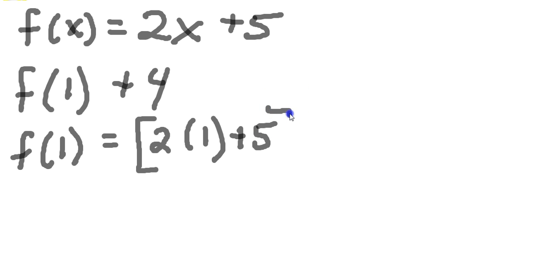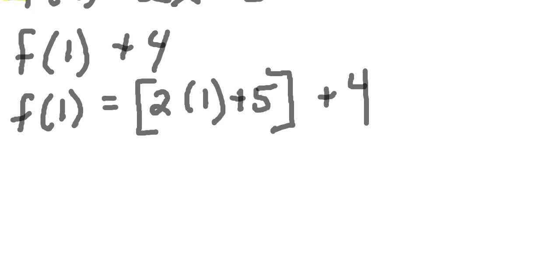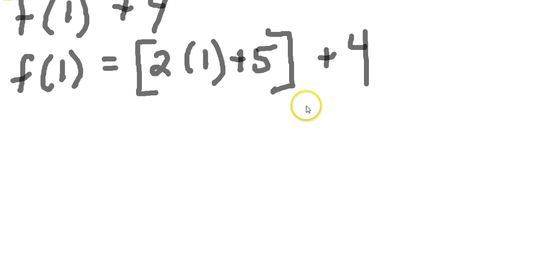So now we have f of 1 equals, open bracket, 2 times 1 plus 5, close bracket, plus 4 at the end. So you just add that plus 4, just tack it onto the end of the equation of your function. Okay, now let's solve for this. Inside the bracket first, remembering our order of operations. So we have 2 times 1 plus 5.